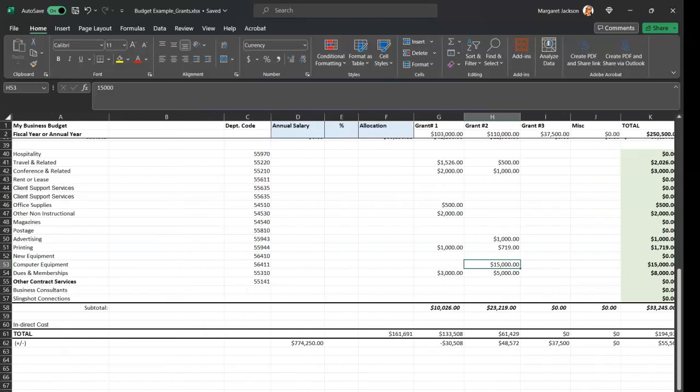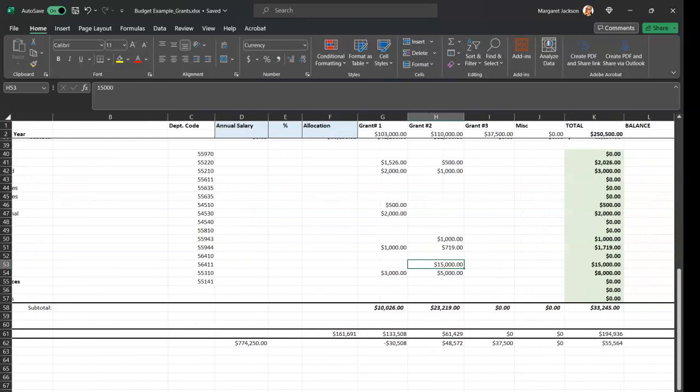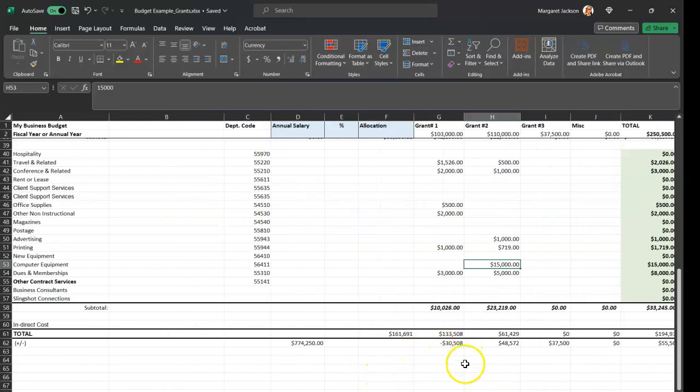And then, of course, you have indirect costs. That can be kind of tricky if you're not familiar with indirect costs, but these are a percentage of what you might be spending that they'll give you up to a certain percentage that you can utilize for like bookkeeping or other services.